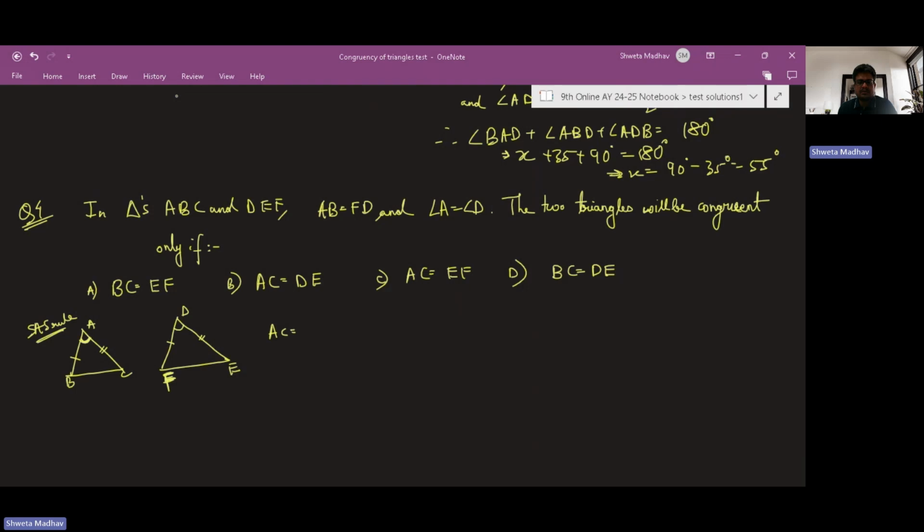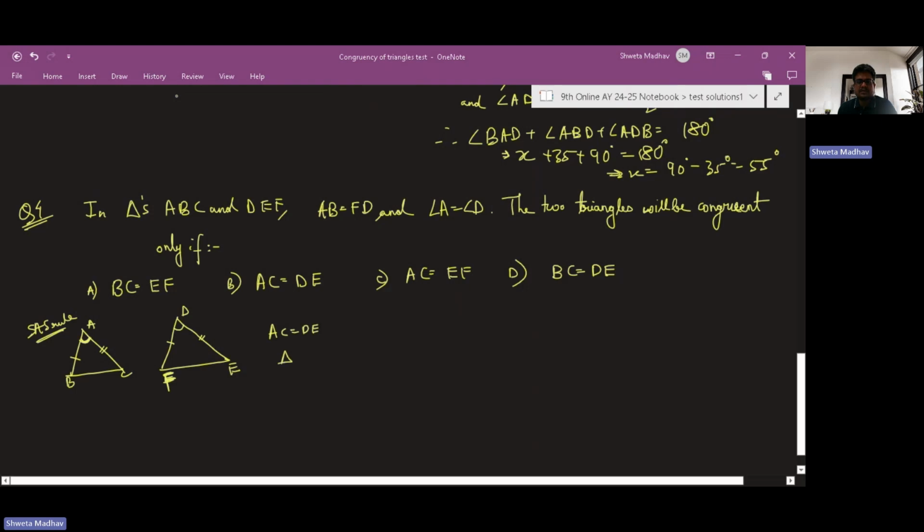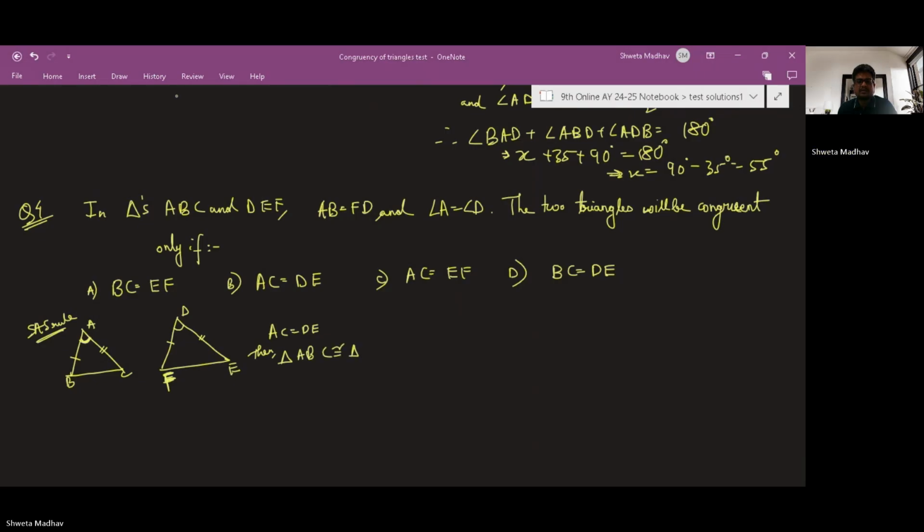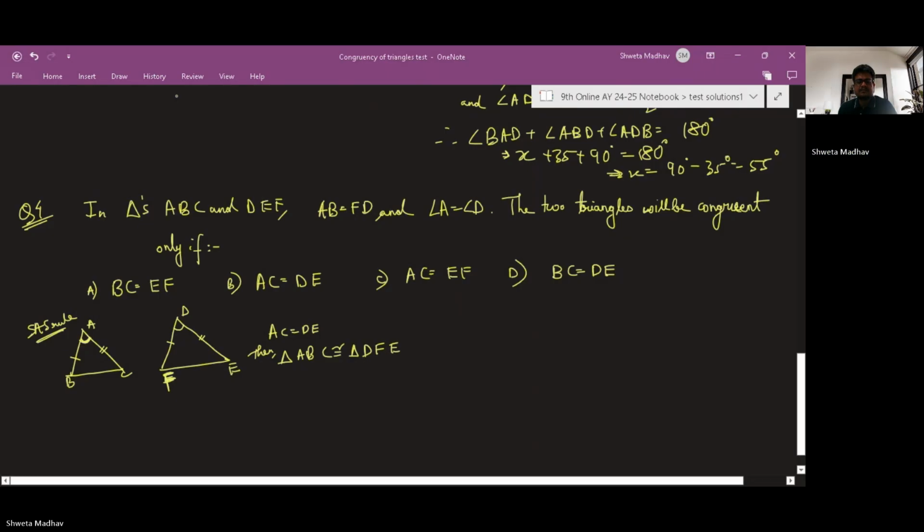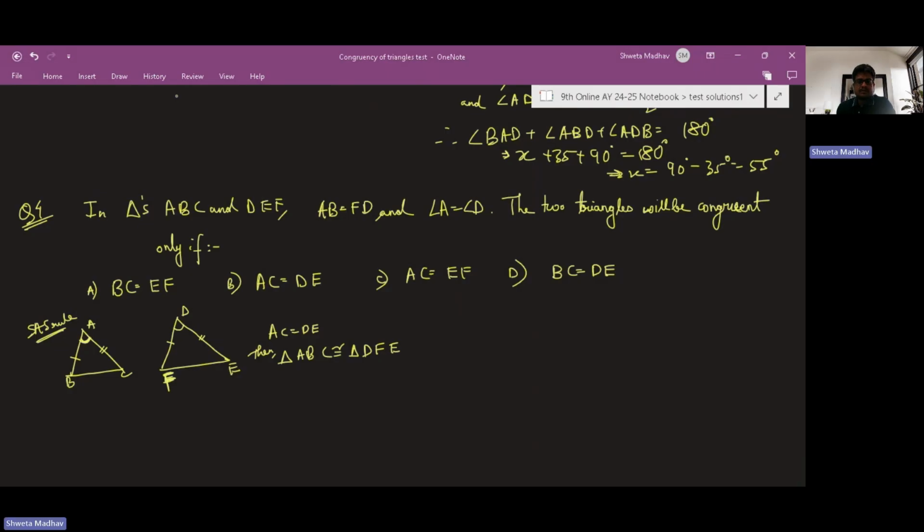AC should be equal to DE, then only I can say that triangle ABC is congruent to triangle DFE. So hence AC should be equal to DE. So option B is the correct answer.